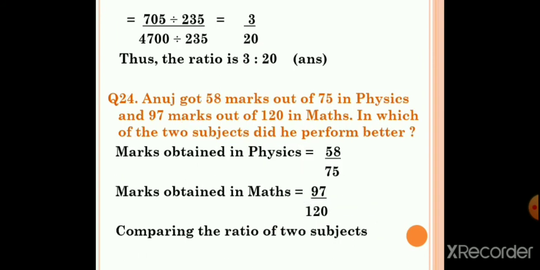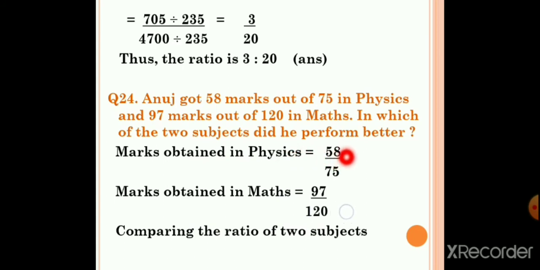Okay. Next is question number 24. Anuj got 58 marks out of 75 in physics and 97 marks out of 120 in maths. In which of the two subjects did he perform better? So first let us find out the marks obtained in physics.